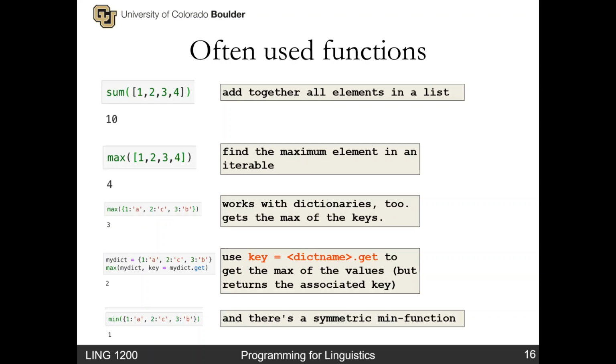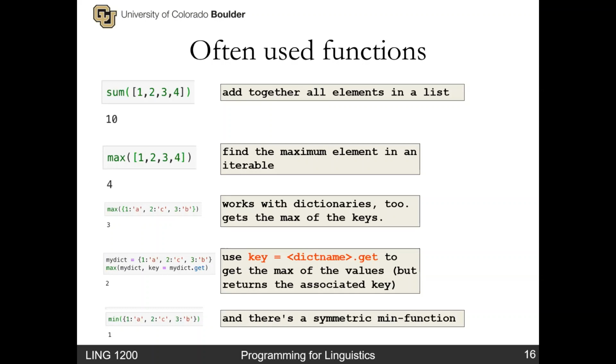So in this case, it's going to look at A, B, and C and find the max of the values, which happens to be C, which we could guess. And this tells us that it's not just looking at integers, it can look at characters. If it does so, it's looking at the underlying ASCII numeric value of that character. So C is after A and B in the ASCII chart. So it's going to return the key of C, which is 2.